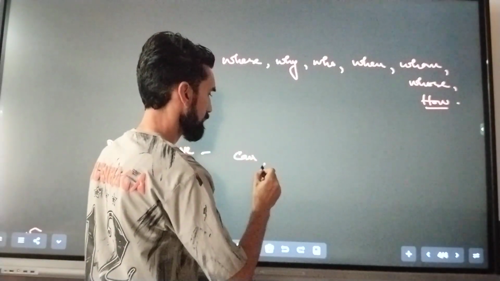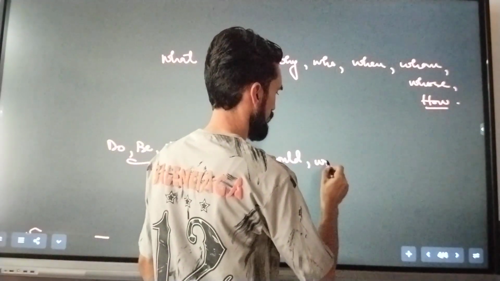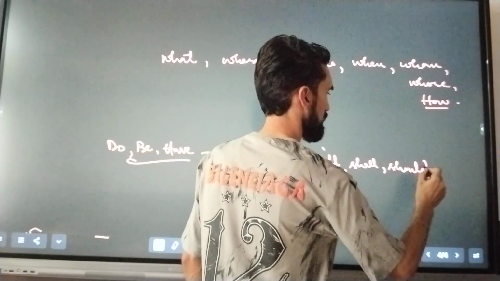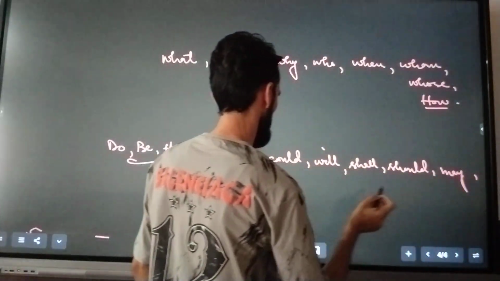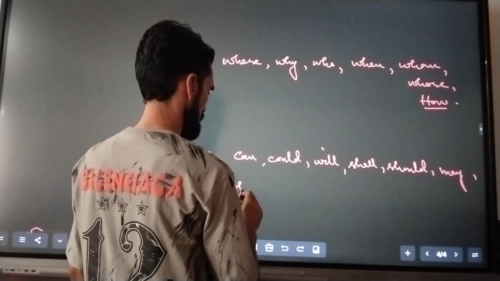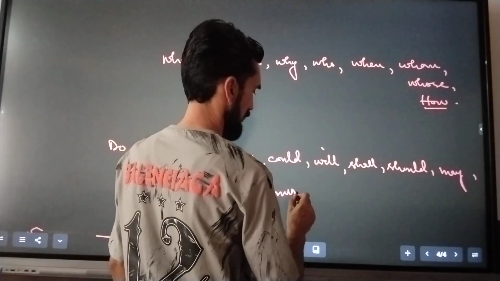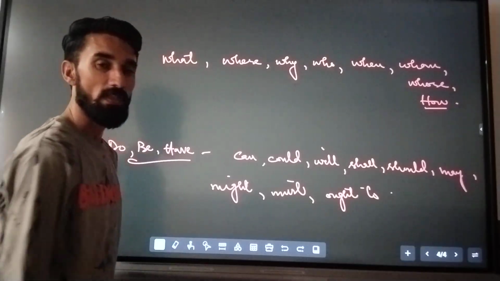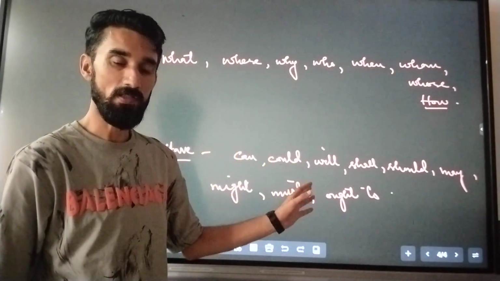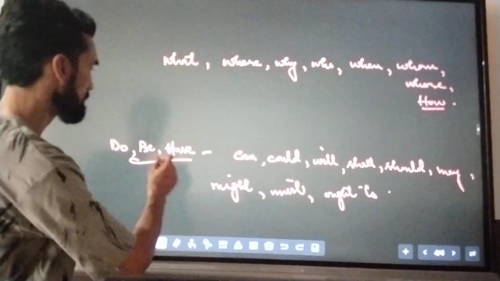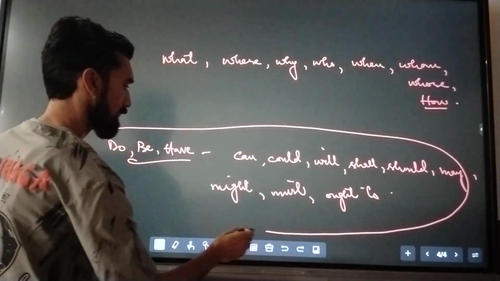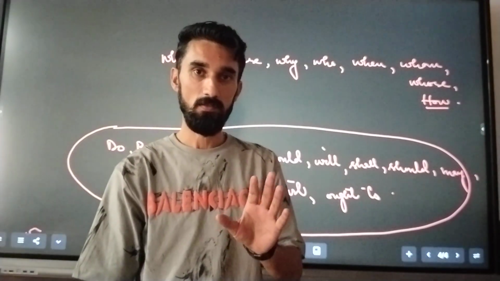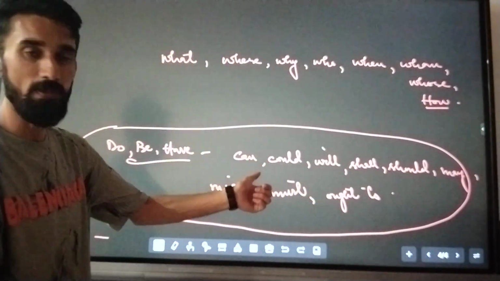They are can, could, will, shall, should, may, might, must, ought to, etc. So these are modal auxiliaries, or you simply call them modals. But these all collectively are called helping verbs. Okay, these are all the helping verbs.